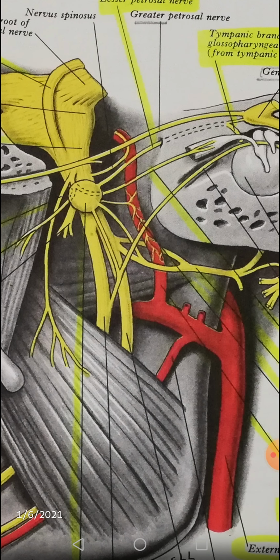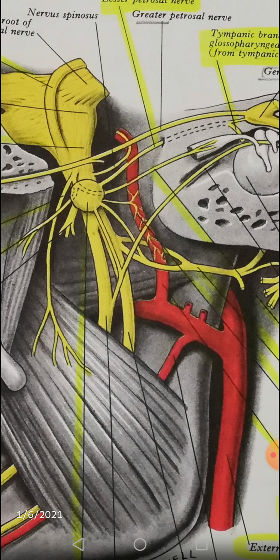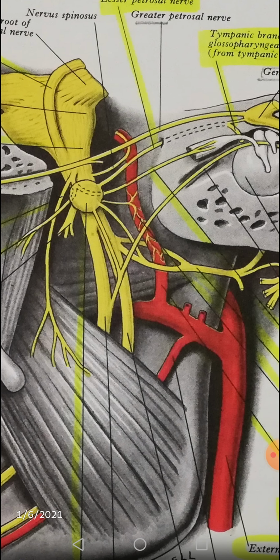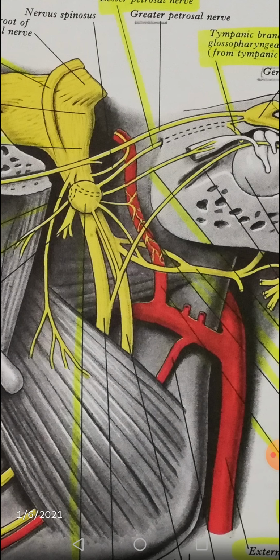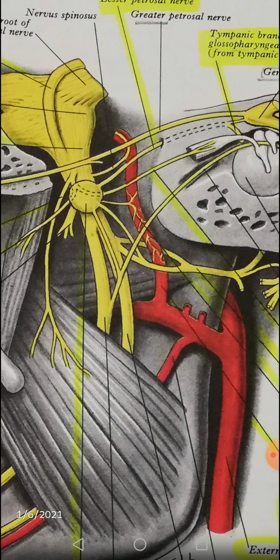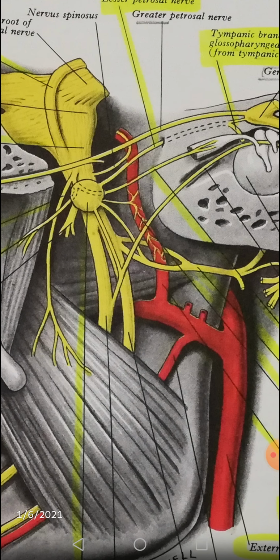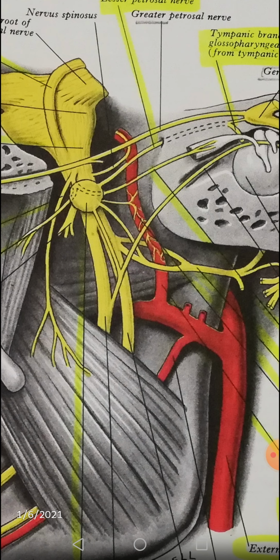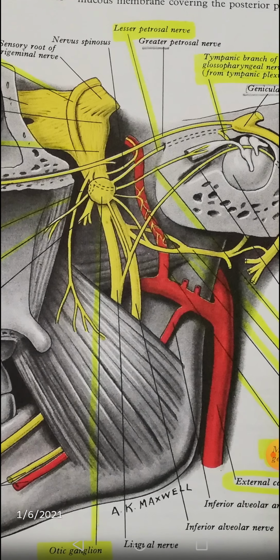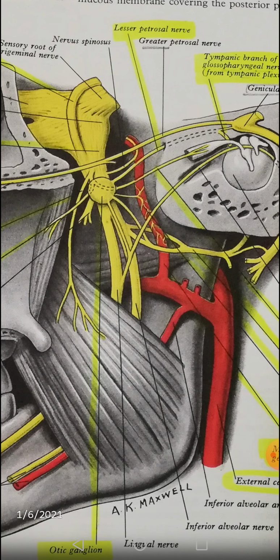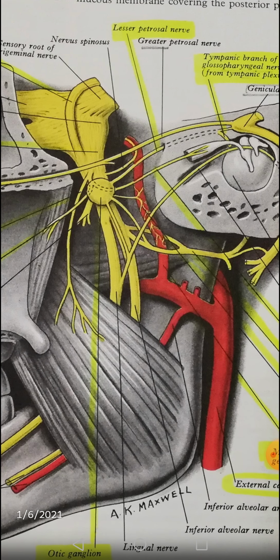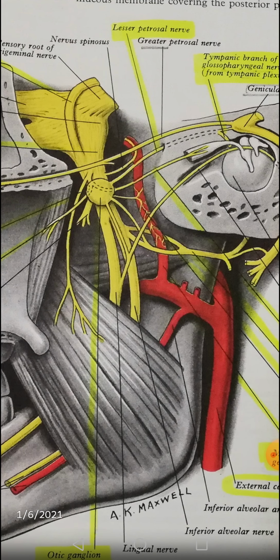It contains postganglionic fibers from the superior cervical sympathetic ganglion, the same ganglion that was supplying the sympathetic fibers to the previous parasympathetic ganglia we discussed earlier. These pass through the ganglion without relaying, and via the auriculotemporal nerve they again reach the parotid gland. They are vasomotor in action.